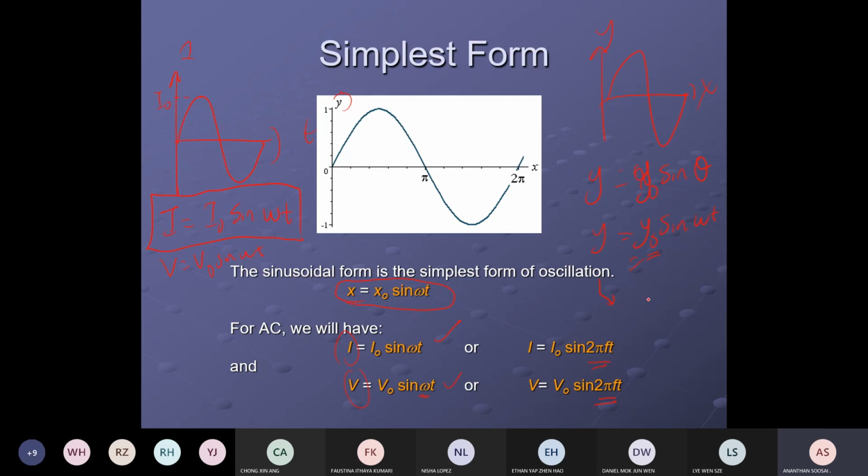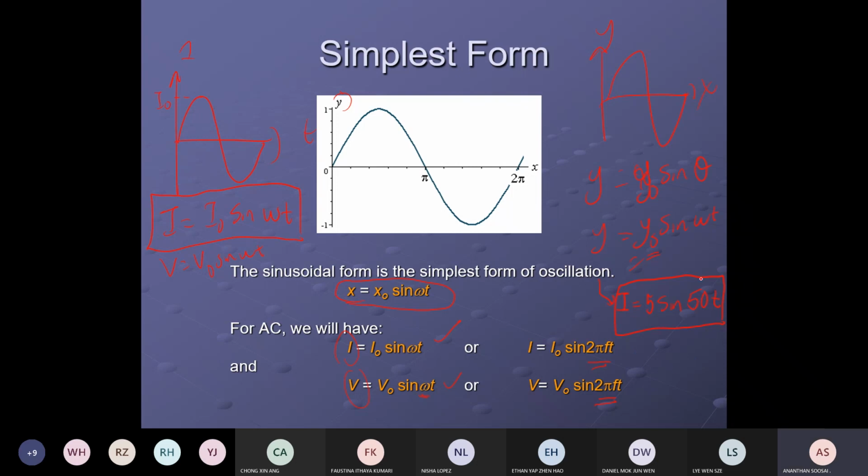Let's say someone said in industry, the formula for AC current is 5 sine 50t. Let's say they give a formula like this: the alternating current supplied to one instrument is 5 sine 50t.